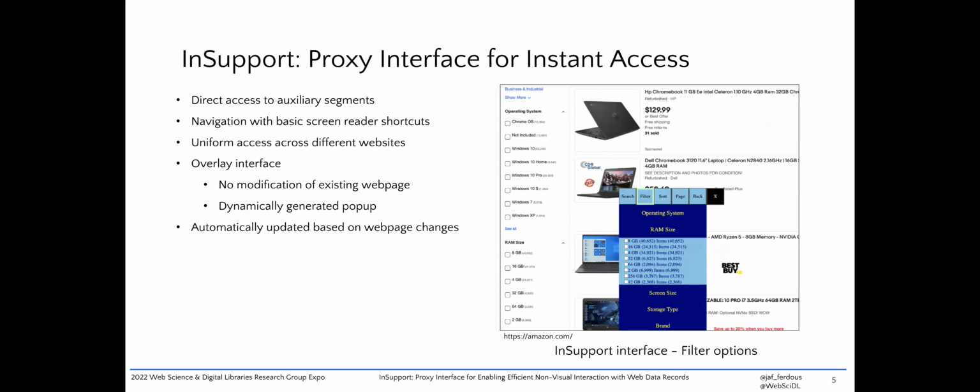This pop-up can be instantly accessed with special shortcuts, and its contents are dynamically determined based on the current content of the web page. The navigation of the controls in the pop-up is uniform across all web pages, and the user only needs to know a few basic screen reader shortcuts for this purpose.